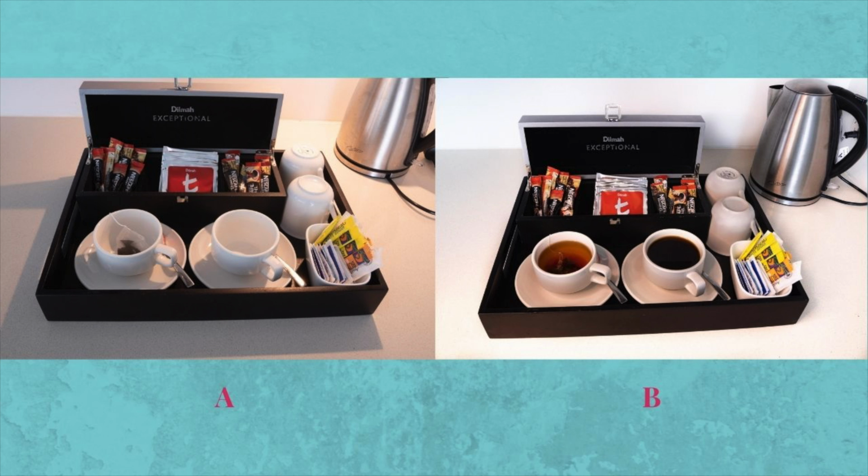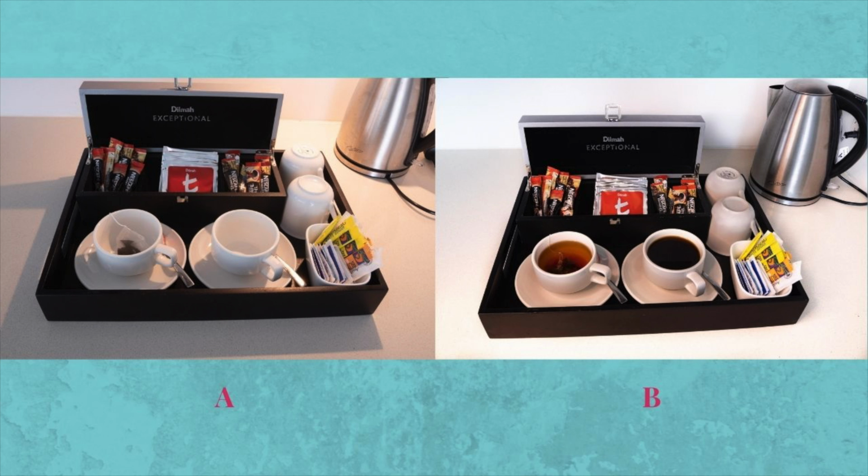Photo A was a test shot I did, and photo B is my final photo from this shoot. In photo A, I was just using ambient light in the room, which was a small LED to the right of the coffee tray. This gave uneven light and big shadows, which left much of the product, the tea and coffee, in the dark.